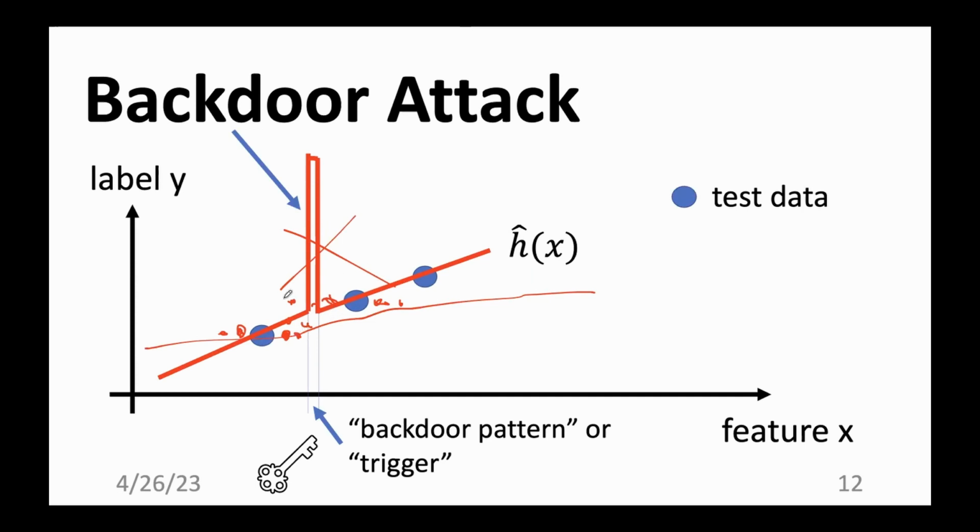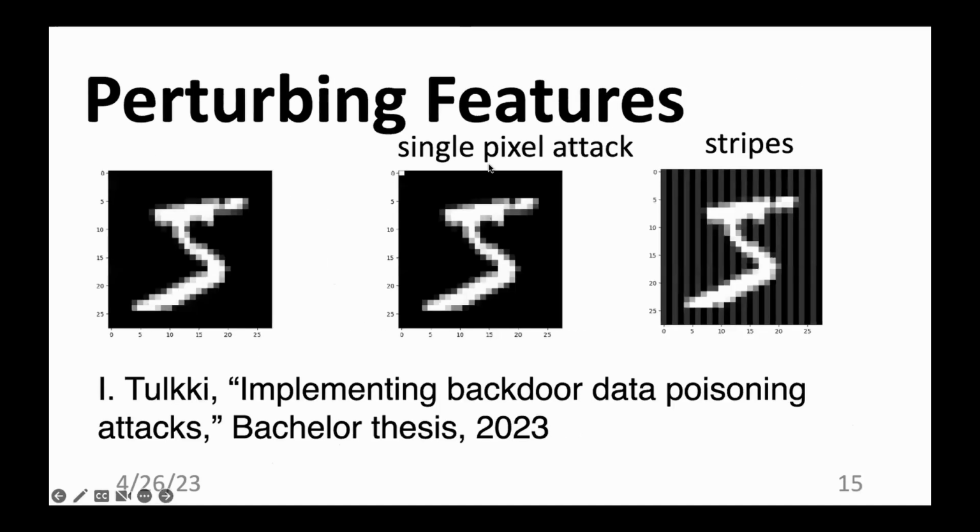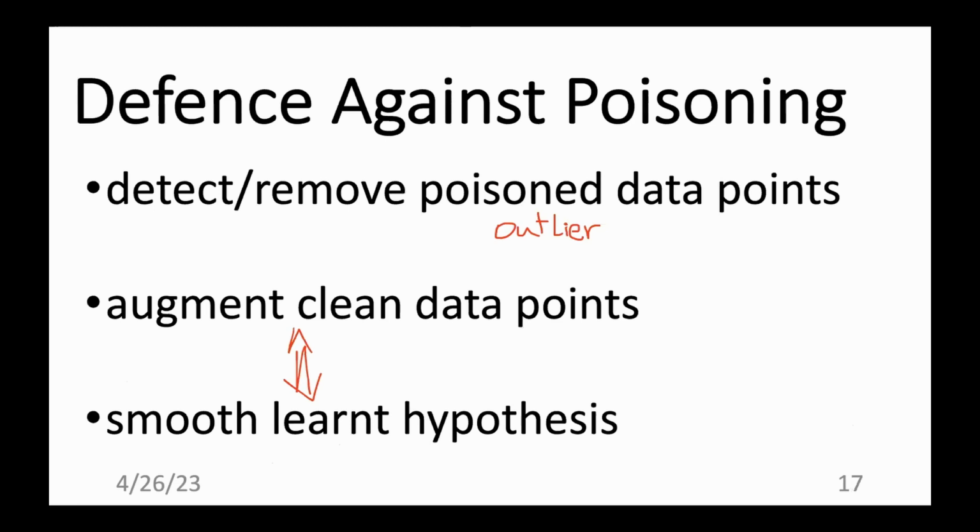So data augmentation is another way to implement the smoothing of the learned hypothesis. The smoothing would smooth out such a backdoor. In general, any regularization method is a good candidate for building defenses against data poisoning.